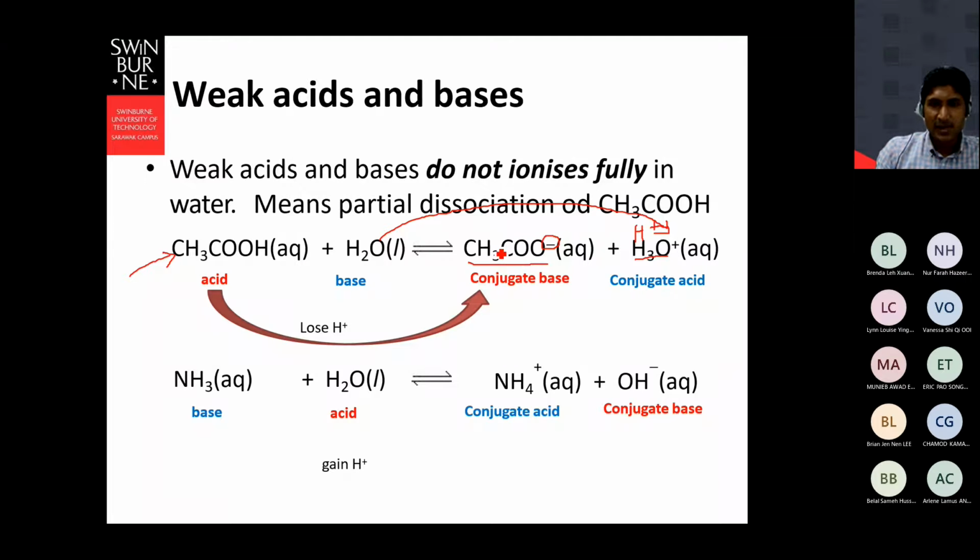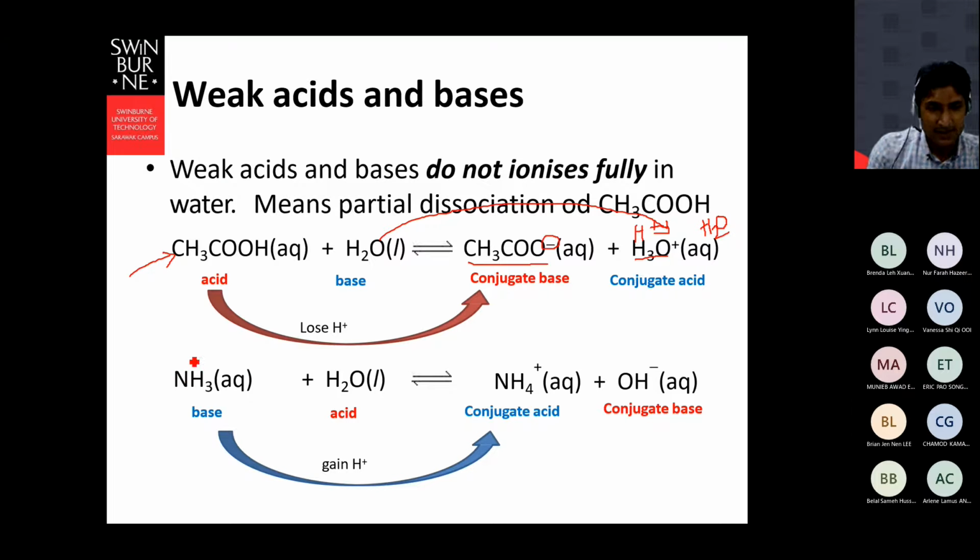By delivering this hydrogen ion, it becomes H2O, which is much more stable and safe, with no need to disturb anyone. That is why it is a conjugate base. So all weak acids produce a conjugate base, and all weak bases produce a conjugate acid.